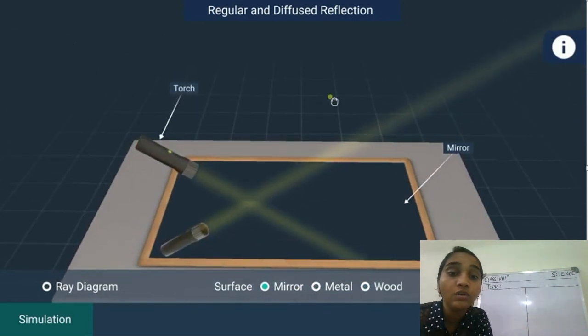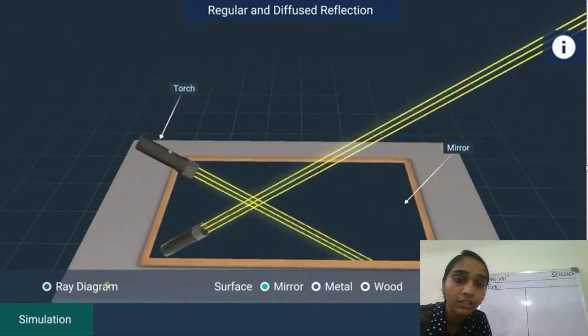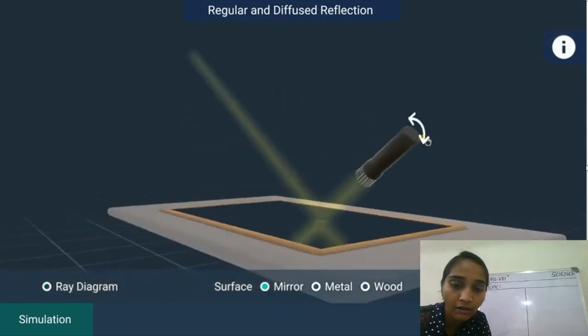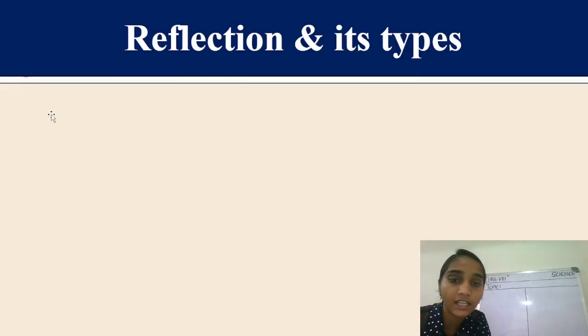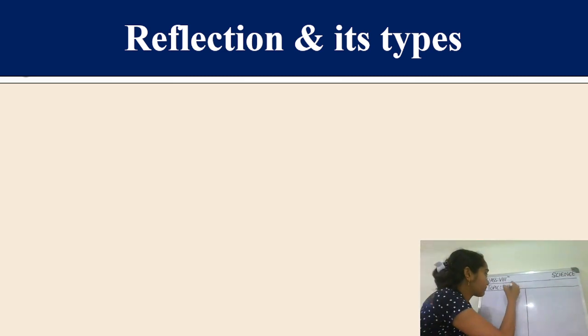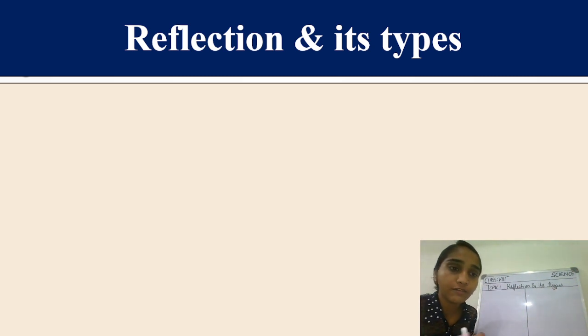As we have already studied something about reflection in our earlier class, here also reflection is going on. Today we are going to study about reflection and its types. What is the difference you were observing when the light was reflecting on the surface of the mirror and then on the surface of the wood?